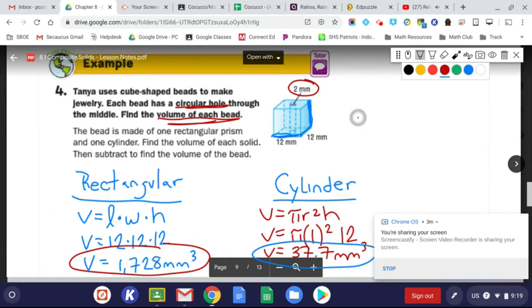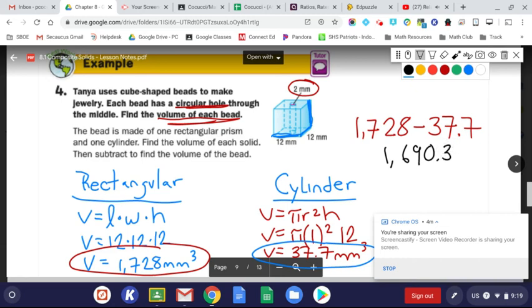We take 1,728 and subtract 37.7, and we're going to get a grand total of 1,690.3, and that's cubic millimeters or millimeters cubed.